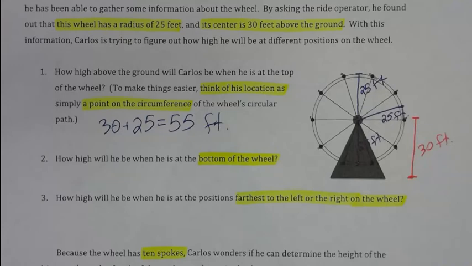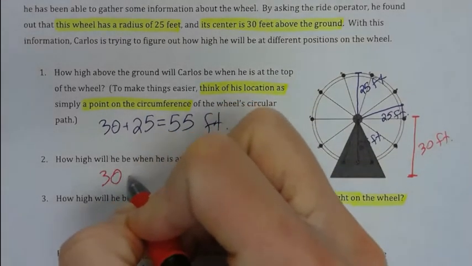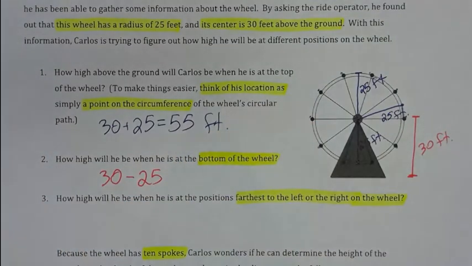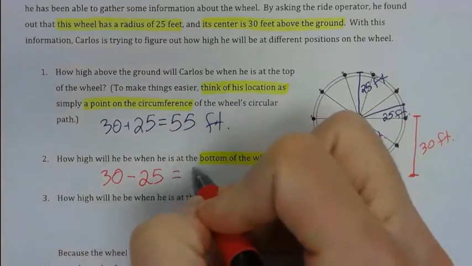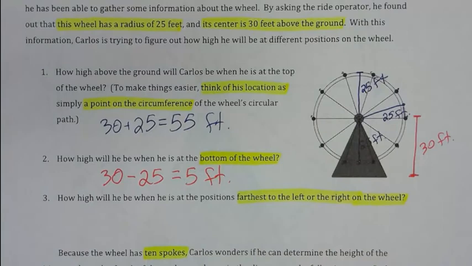So you would find this answer by doing 30 feet from the center minus 25 feet for the radius of the wheel itself to be a total of 5 feet off the ground. So that seems to be a pattern: we added or subtracted 25 feet for the radius from the 30 feet above the ground the center is.